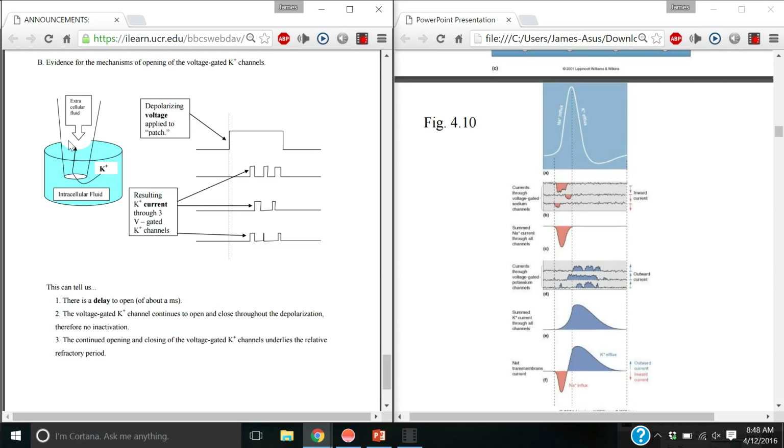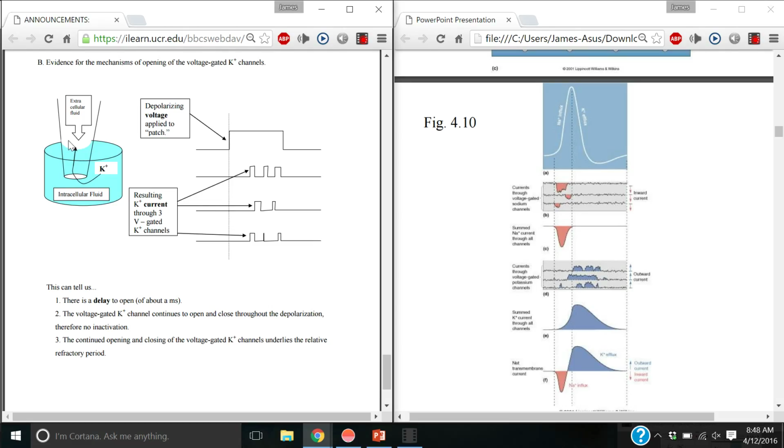The only difference here is that when you put the electrode down on the little membrane, instead of capturing a patch that contained a voltage-gated sodium channel, you've captured a patch that contains a voltage-gated potassium channel. That's really the only difference, is what kind of channel you capture in the patch.